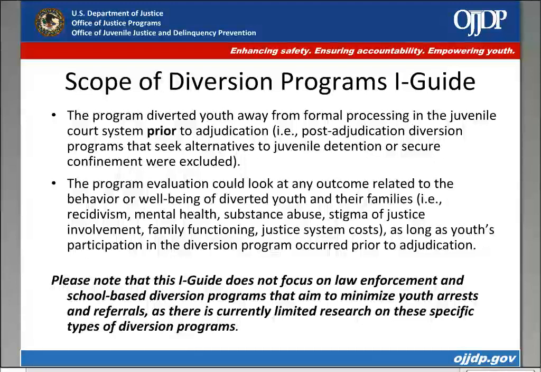Also, we looked at program evaluations that had outcomes related to behaviors or the well-being of youth that were diverted from the system and their families. So these outcomes range from recidivism to justice system cost, family functioning, mental health, and substance abuse. And those are just some of the examples of outcomes that we looked at when looking at program evaluations to include in the Diversion I-Guide.